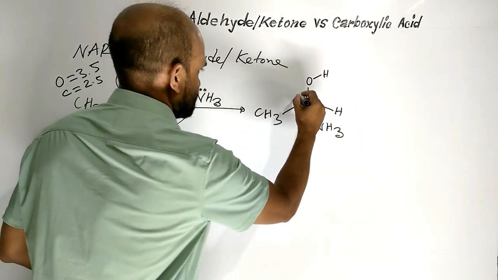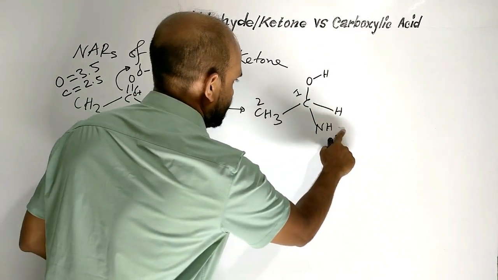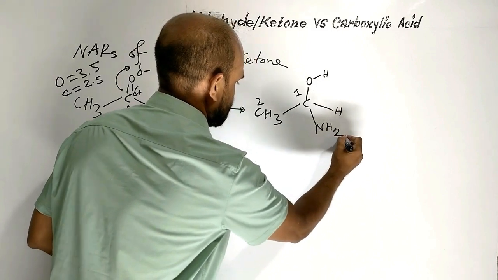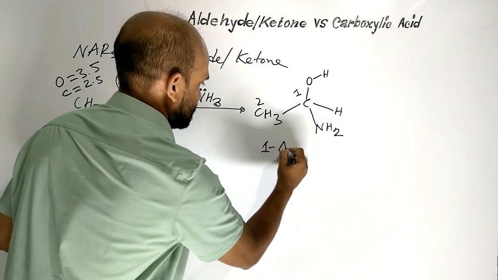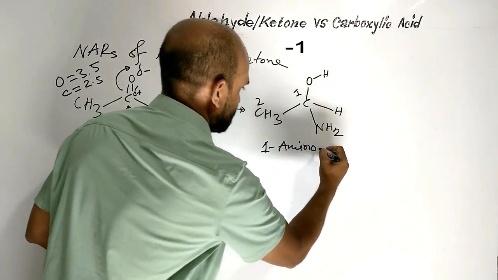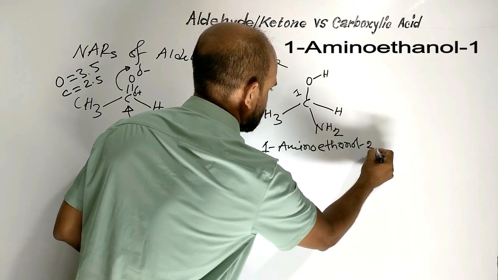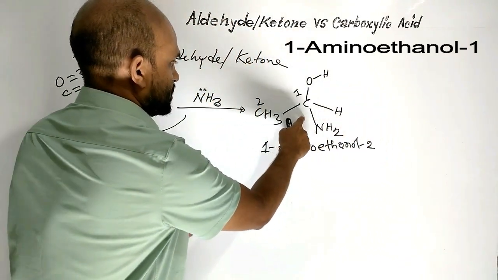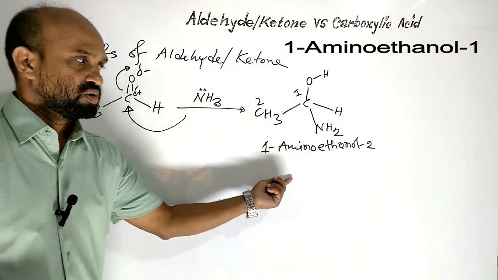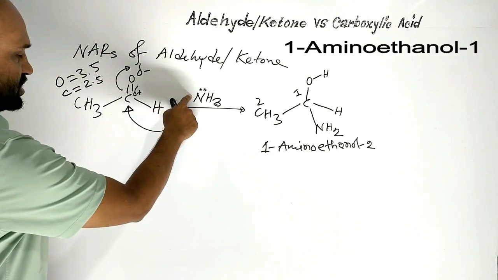Its name is 1-aminoethanol. 1-aminoethanol is formed when aldehyde is treated with a nucleophile.